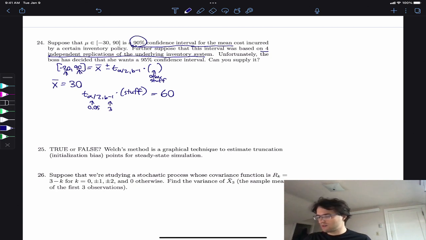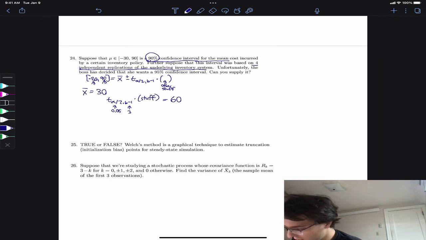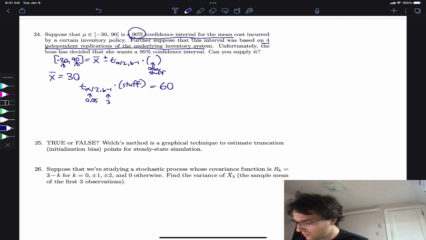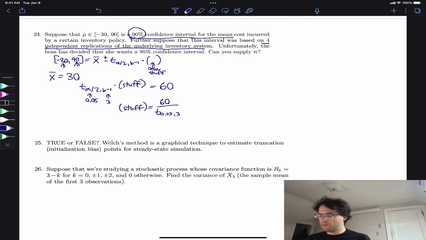So that's how we get alpha equaling 0.1, and then it's alpha over 2, so it's 0.05. And so one thing we can do is find what this stuff is. So stuff is equal to 60 divided by t 0.05 comma 3.